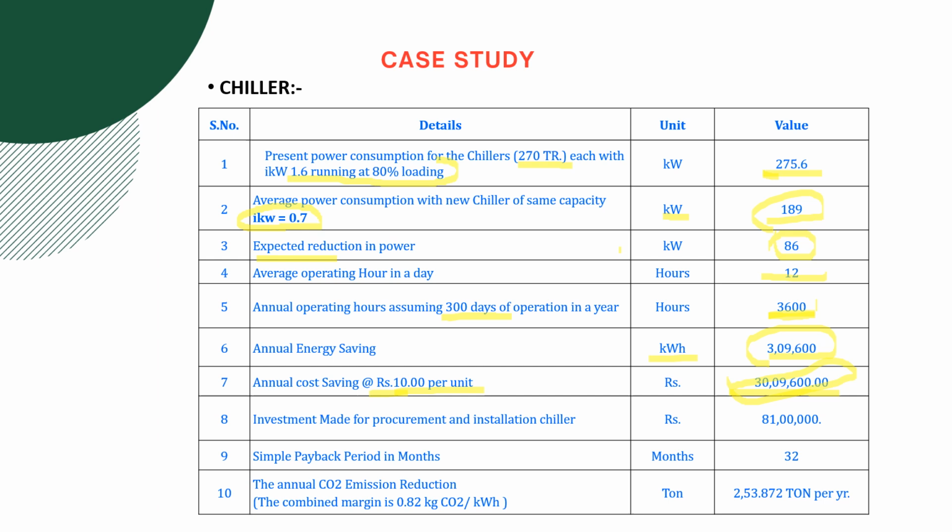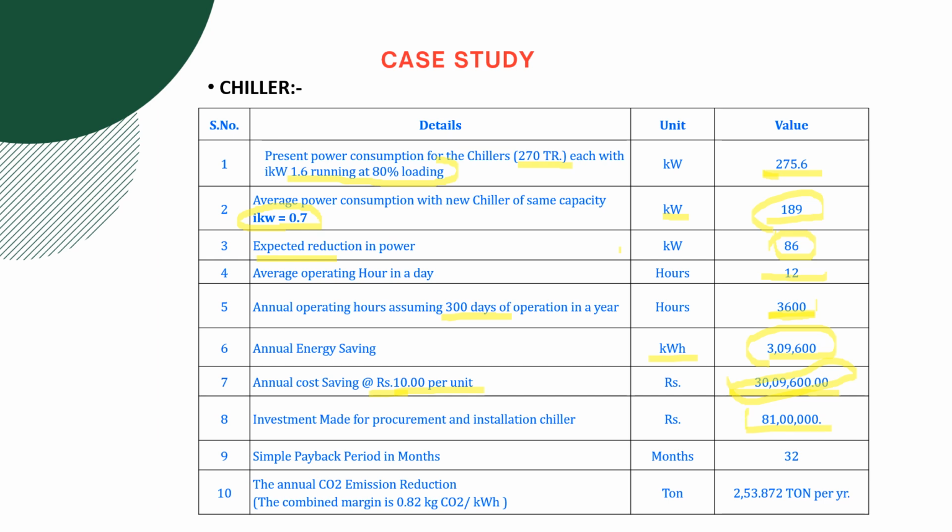Yes, the investment will be there. So let's say the investment made for procuring this chiller is 81 lakh. It can be higher or lower. I'm not going much deeper into the chiller cost calculation or the chiller make and the cost of that make. So it is approximate.